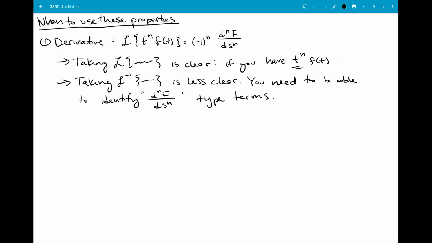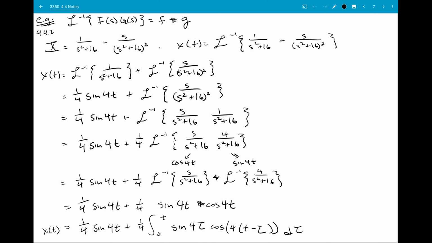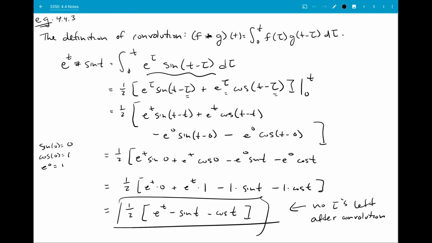So I would say just try to remember common types of terms that show up. And then you might be able to use this property if you get lucky and remember the term at the right time.